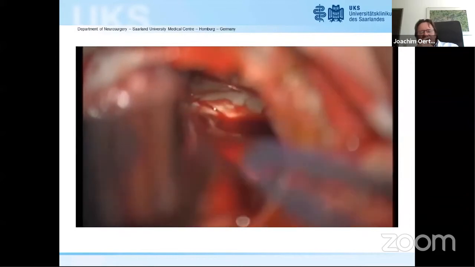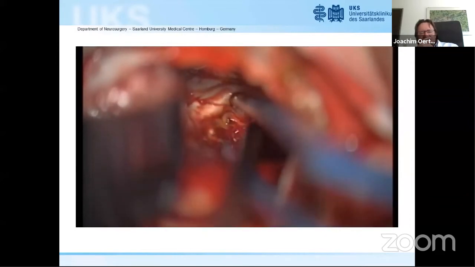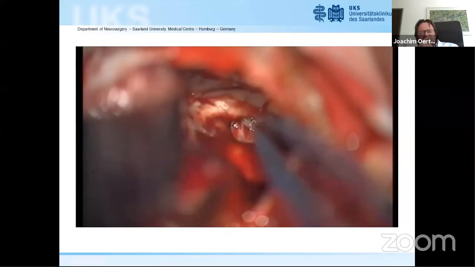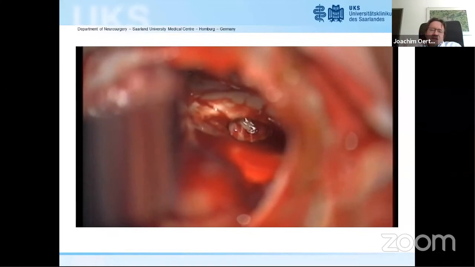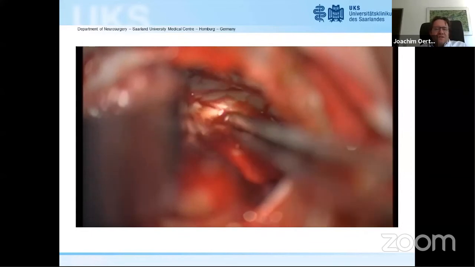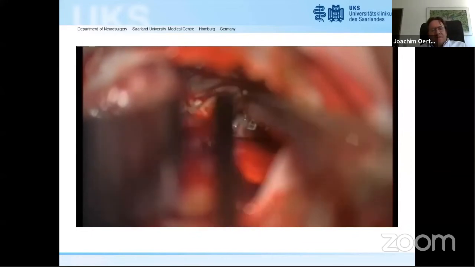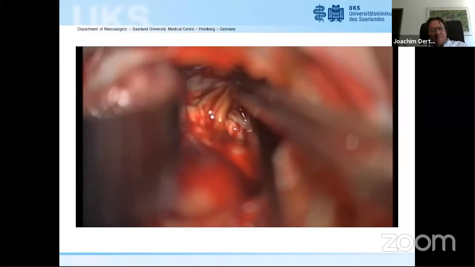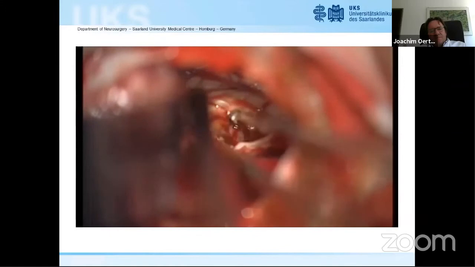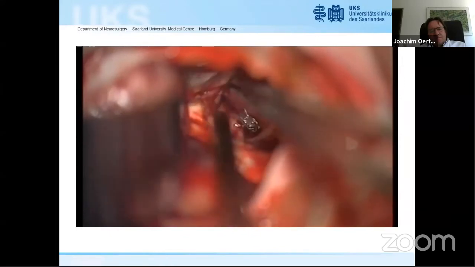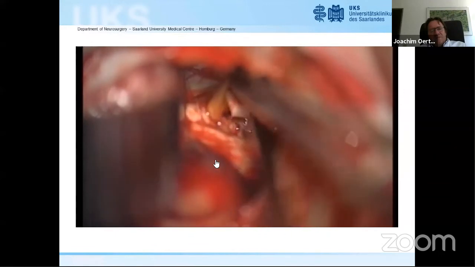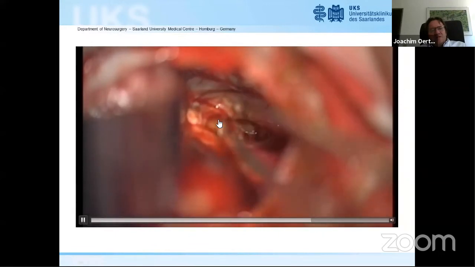Send it for histology. Histology turned out to be cavernoma. And at the end of resection, there's maybe some tissue here.